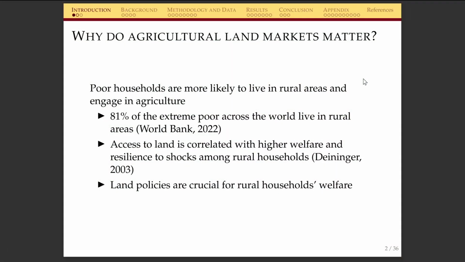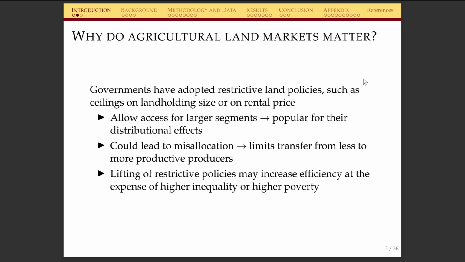So I obviously don't really need to motivate this work in this conference. I'll go quickly. As we know, most of the poor live in rural areas and engage in agriculture, and access to land helps them. It leads to higher welfare and higher resilience. And so this is why governments really care about land policies.